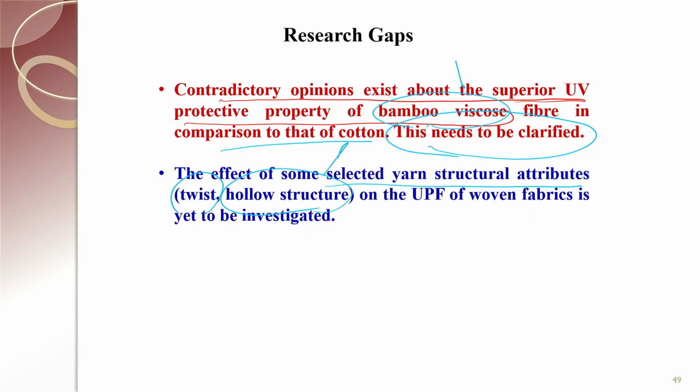So, if the yarn is hollow, how does it affect the UPF of woven fabric, keeping all other parameters constant? In another case, if we change the twist, does twist actually affect the UPF value of woven fabric or not? That we have to analyze.